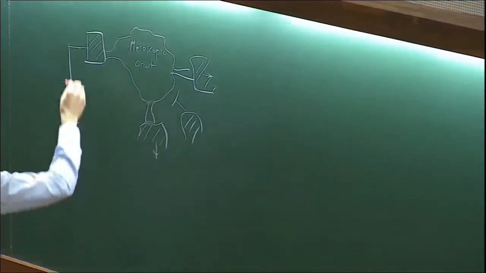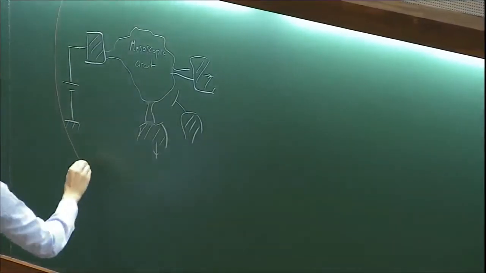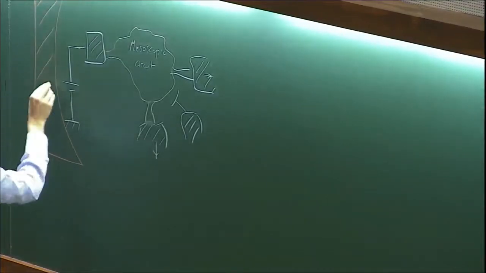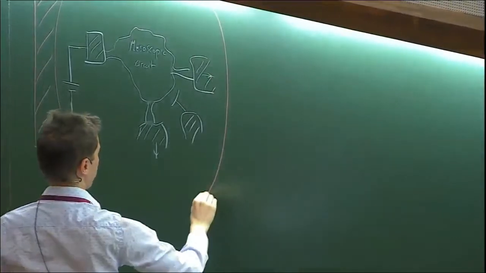And what we're going to do is to see whether it's interesting. I hope to convince you that it's going to be interesting to embed this kind of system into a cavity like that. There's one mirror of the cavity, and there is another mirror of the cavity here.